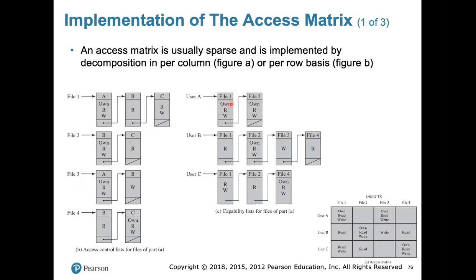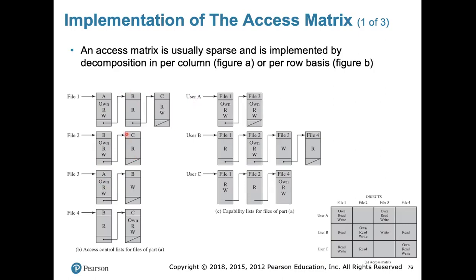Another way is to organize it based on the users. So we have user A. In fact, on the left side we see the implementation of the matrix by decoupling the columns.